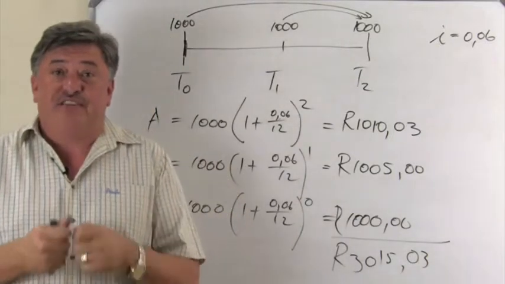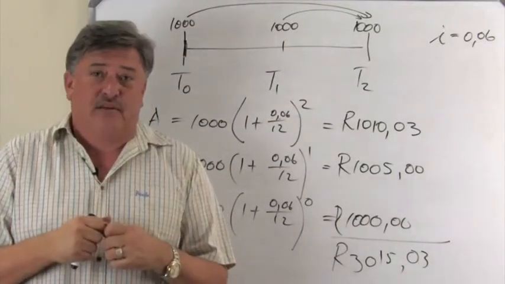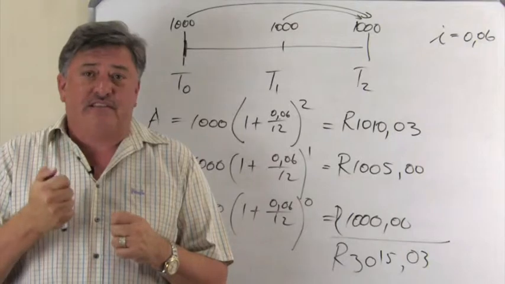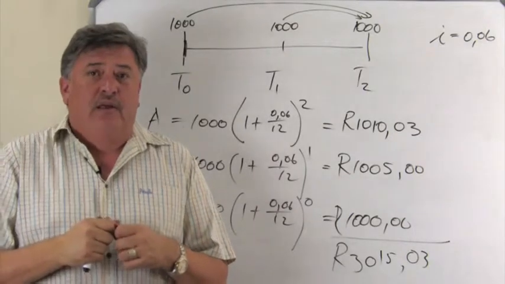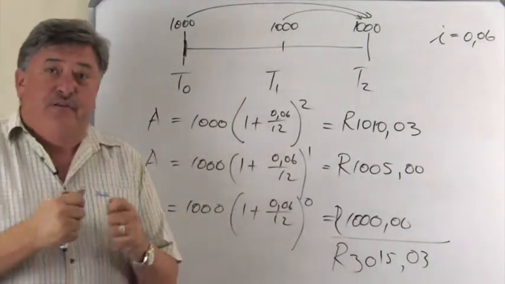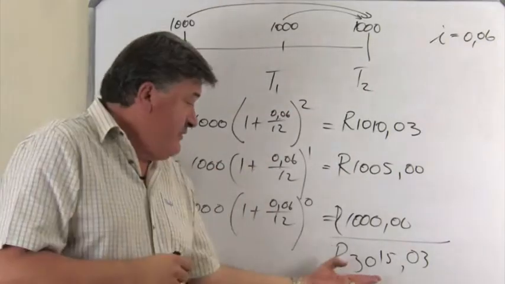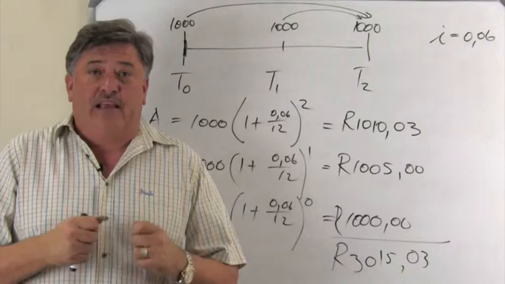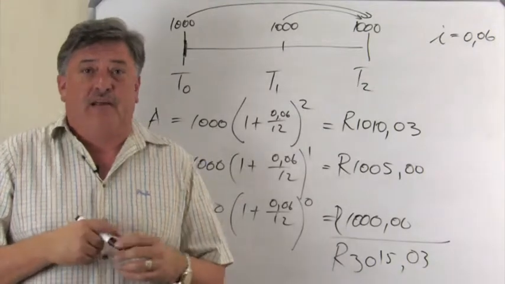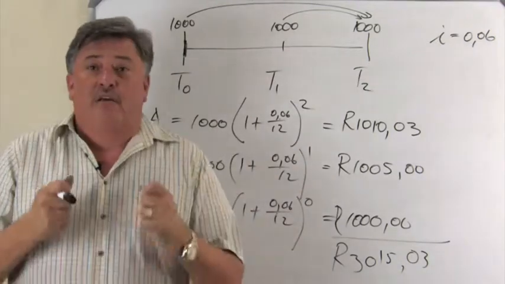I wanted you to see exactly what it means. But when you know this future value annuity formula, then you can use the one formula to calculate the same answer. So let's use now this formula, and we do this question one more time.